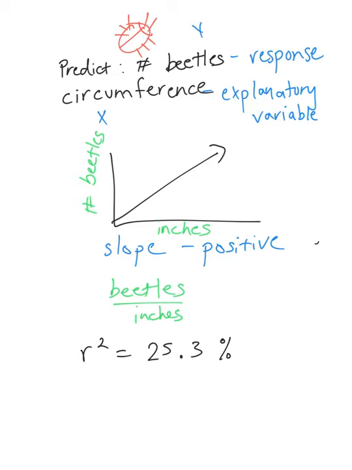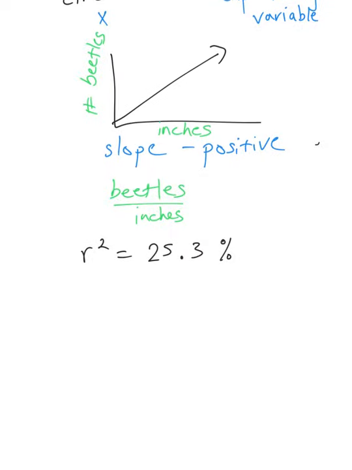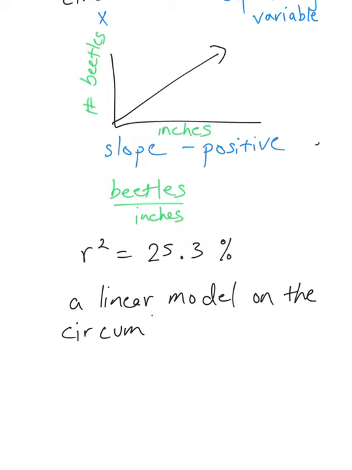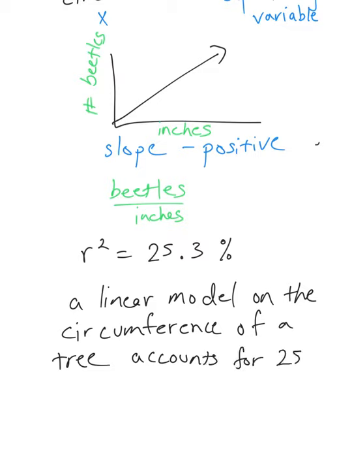What that means is that a linear model, if I had to write a sentence describing what that r squared means: a linear model on the circumference of a tree accounts for 25.3% of the variation in the number of beetles.